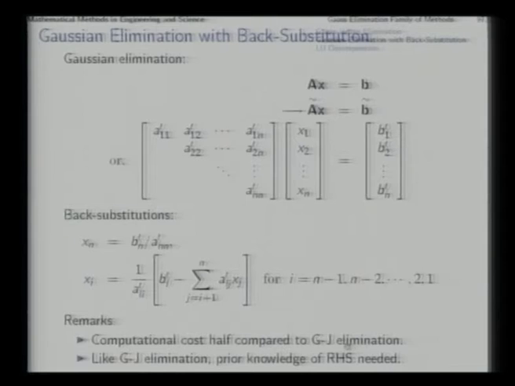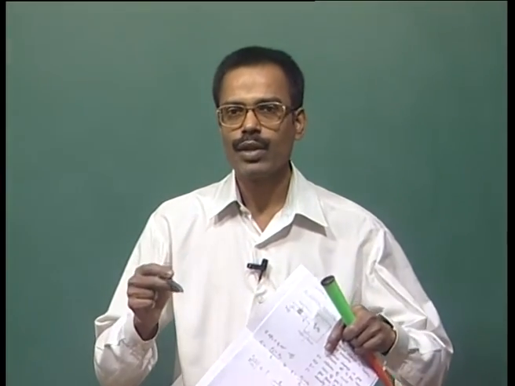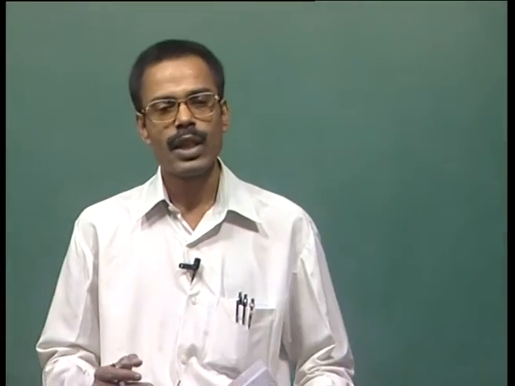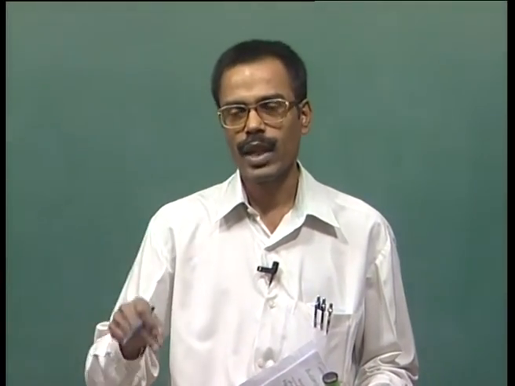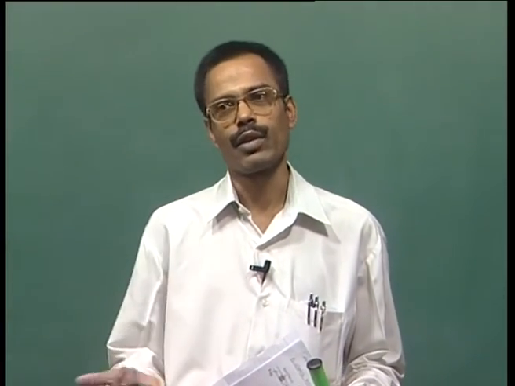Prior knowledge of the vector B is needed, because the elementary row transformations which are applied to A are at the same time also applied to the right hand side. Now, you might find another algorithm which will not need the right hand side beforehand, but will first process the matrix A itself and keep it in such a ready form that the moment a right hand side vector appears, you can do a little bit of calculation to find the solution.